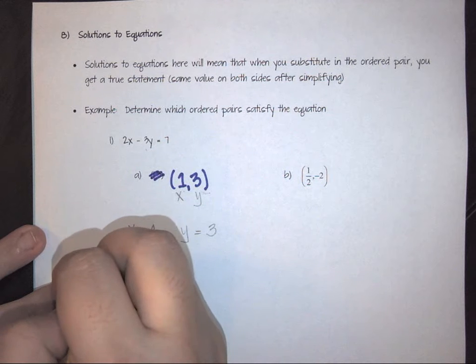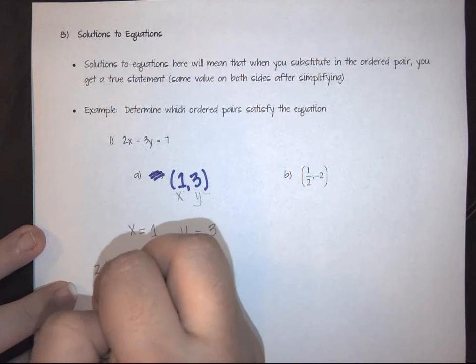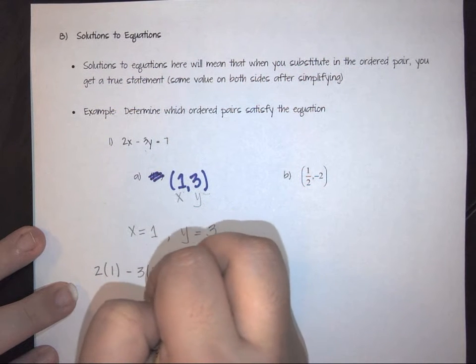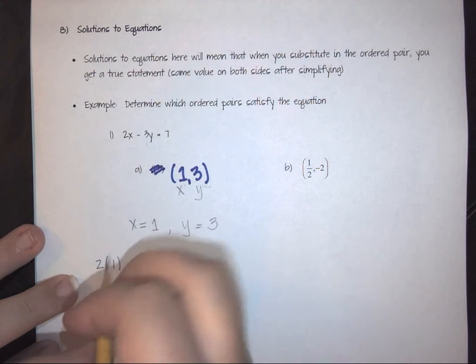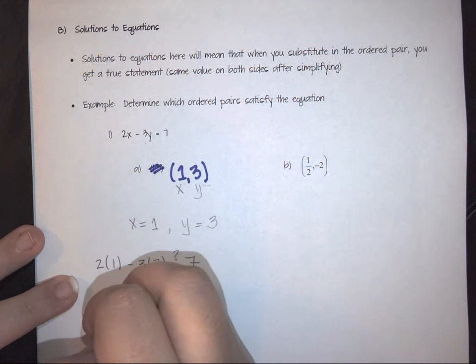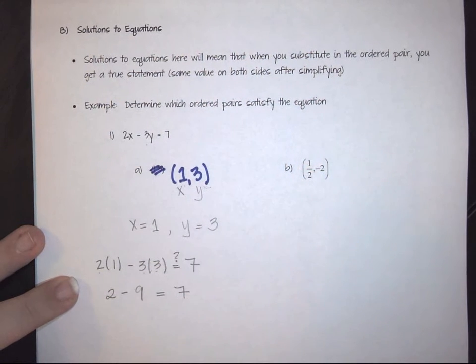So here this becomes 2 times 1 minus 3 times 3, and we're wondering if that gives us 7. So 2 times 1 is 2, 3 times 3 is 9, so 2 minus 9, and we want to know if that is 7.